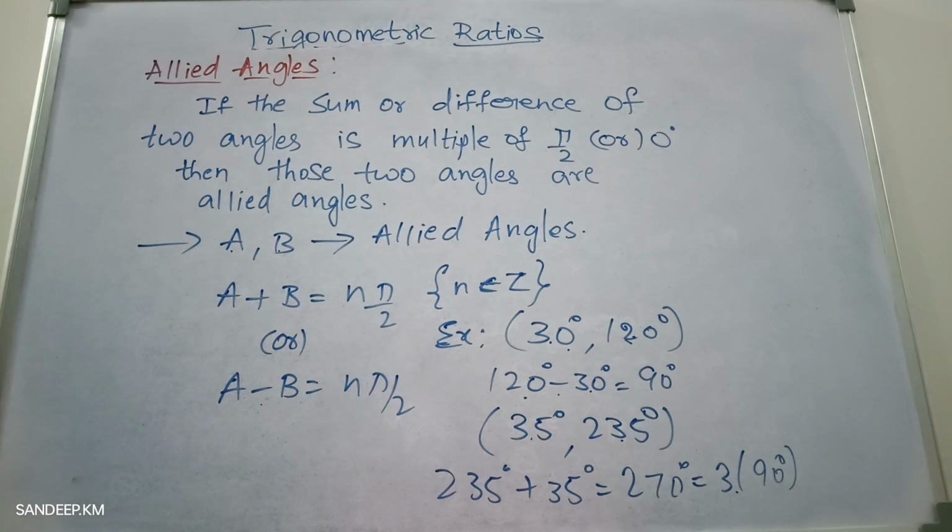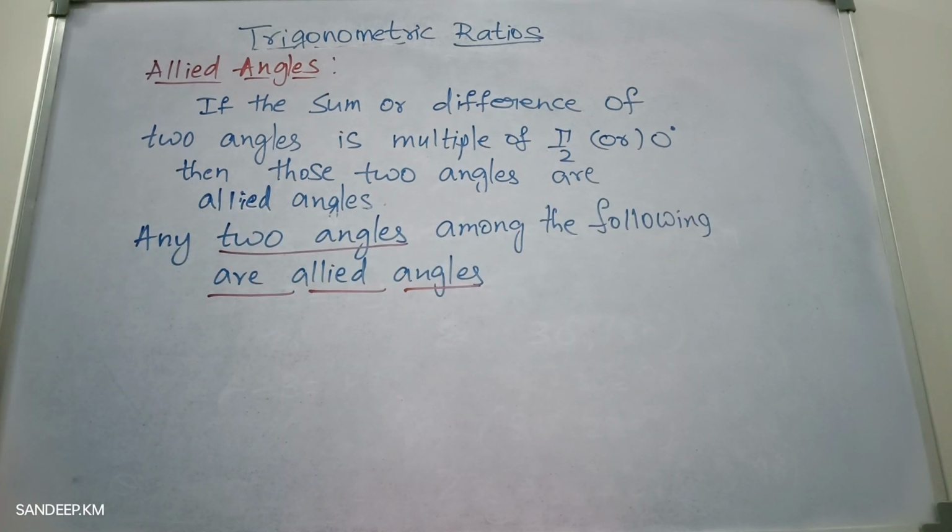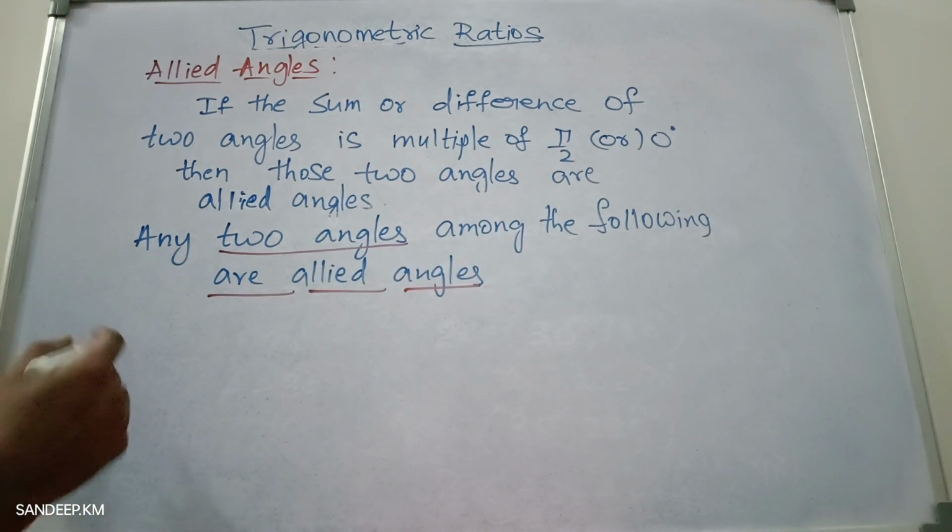Now in general, which two angles are allied angles? This is most important. Listen carefully. In general, any two angles among the following are allied angles. So what are those angles?